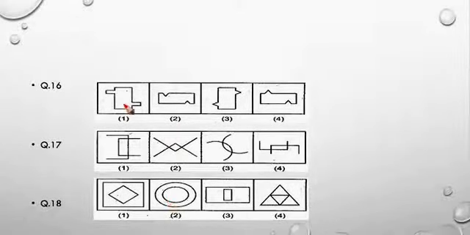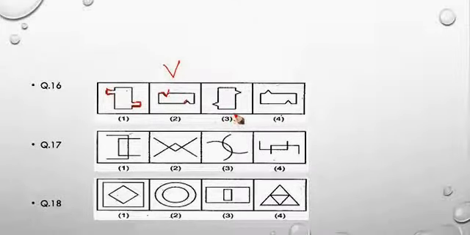Question number 16. In question number 16, there are four problem figures given. In case of problem figure 1, there are two sides wherein there are two square kind of edges. Whereas in case of problem figure 2, the outer edge on two sides is V-shaped.